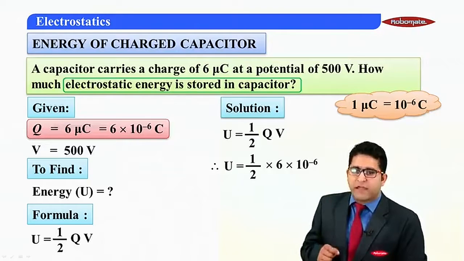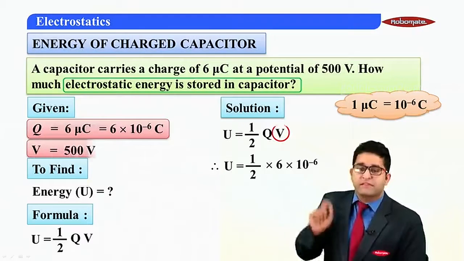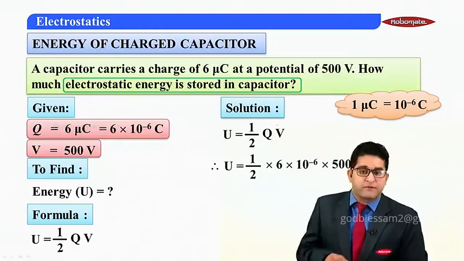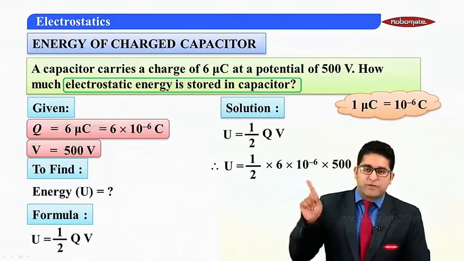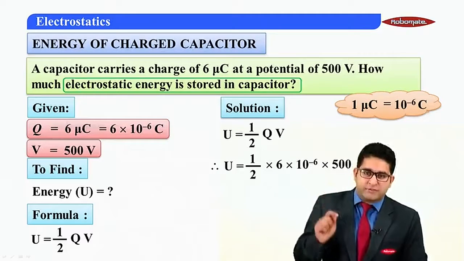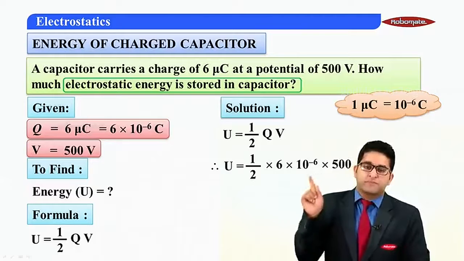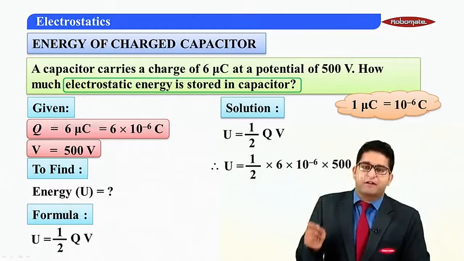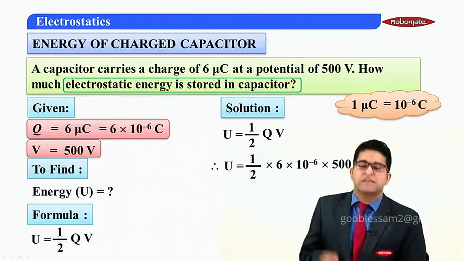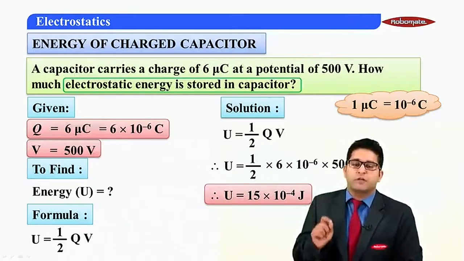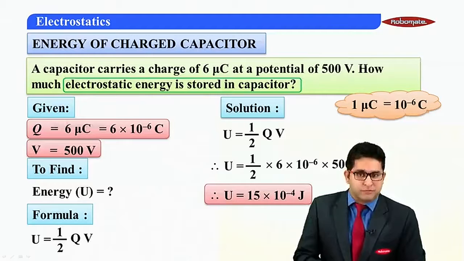I also know the value of capital V, it is 500 volts, so this gets multiplied by 500. Now I'll cancel out 2 and 6, so 2 one times and 2 three times. Now 3 into 500 becomes 1500. So this expression gives 1500 into 10 raised to power minus 6, which can also be written as U is equal to 15 into 10 raised to power minus 4 joules.